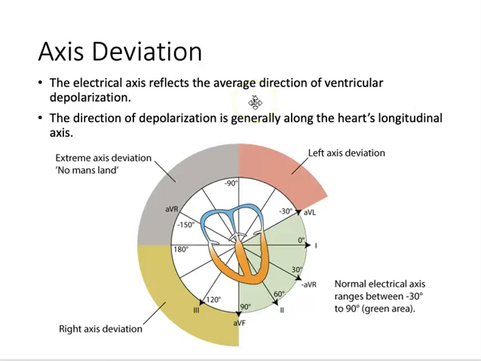One of the other things we can tell using EKGs is whether or not there's something called an axis deviation. An electrical axis is the average direction of ventricular depolarization. So basically it's letting you know where the tip or the apex of the heart is pointing.